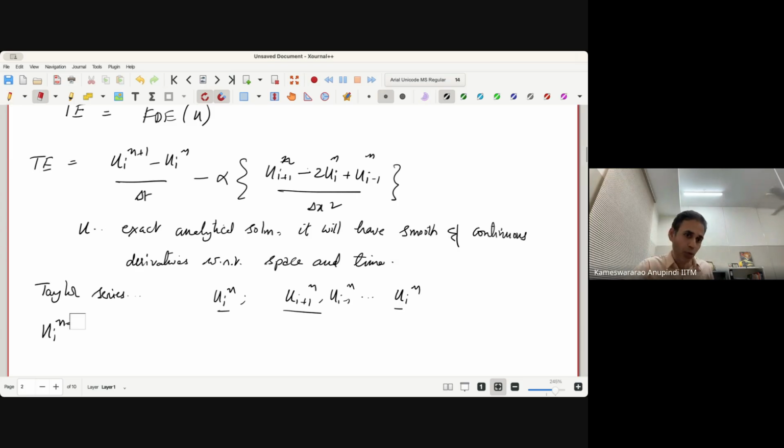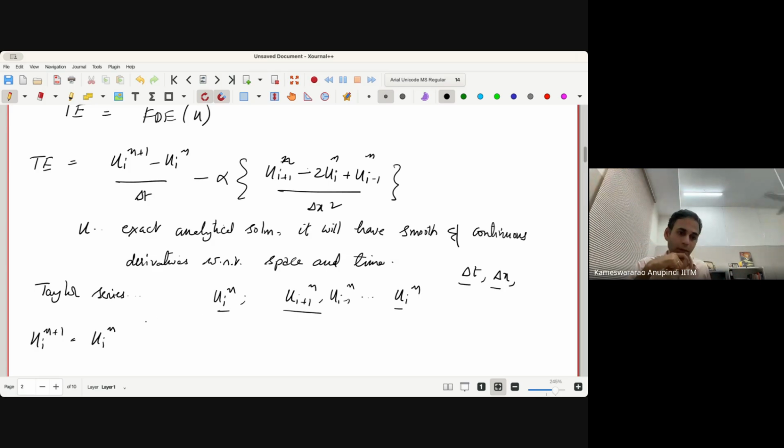So for that, I'm going to use the Taylor series expansion and write u_i^(n+1). Now I'm expanding about u_i^n, and we realize that we are expanding not about space but about time. So let us take delta t as the time step between n and n plus 1, and similarly delta x as the spatial difference.